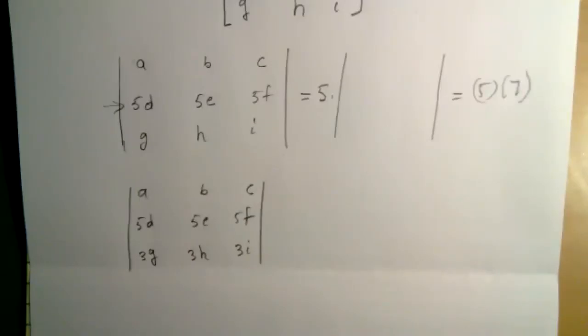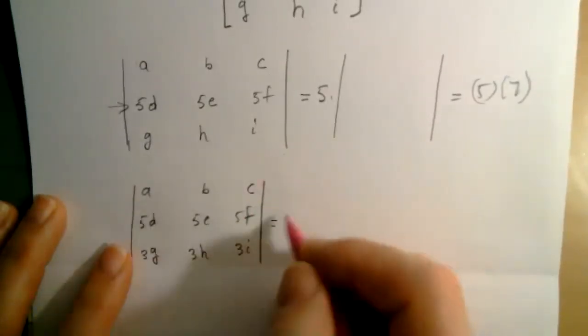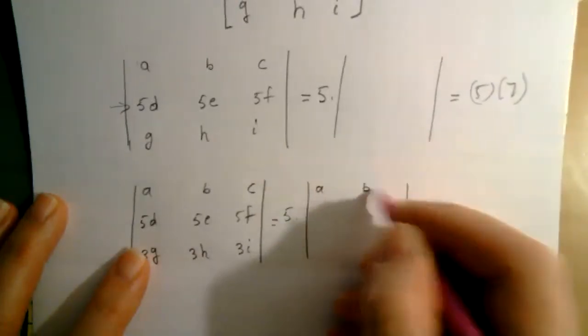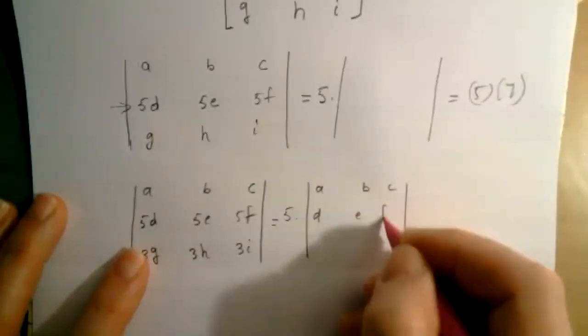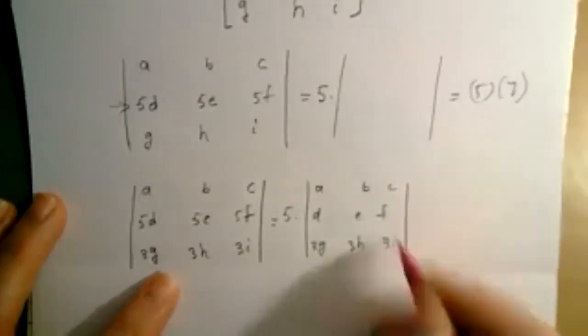I just multiplied 5, 3, and 7. Is it 5 times 3 times 7? Let's do it slowly. The first step is I'm going to factor out this 5. And this is going to give me A, B, C, D, E, F, 3, 3, 3.